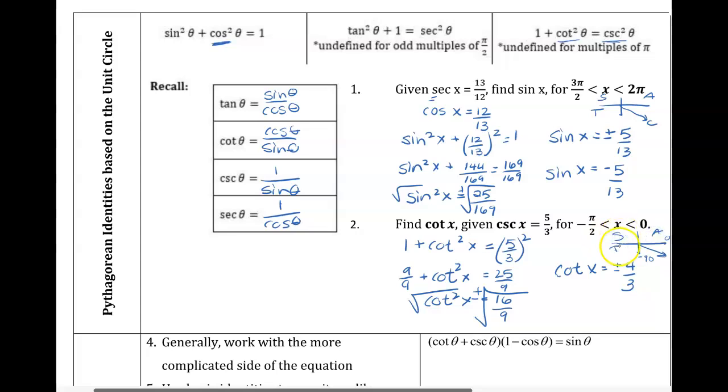If we do our ASTC, the only thing positive in this fourth quadrant is cosine, but we're looking at cotan, which has the same sign as tangent. So if tangent is negative in this quadrant, so is cotangent. So we have cotan of x equals negative 4 over 3. So again, just be careful of your signs.